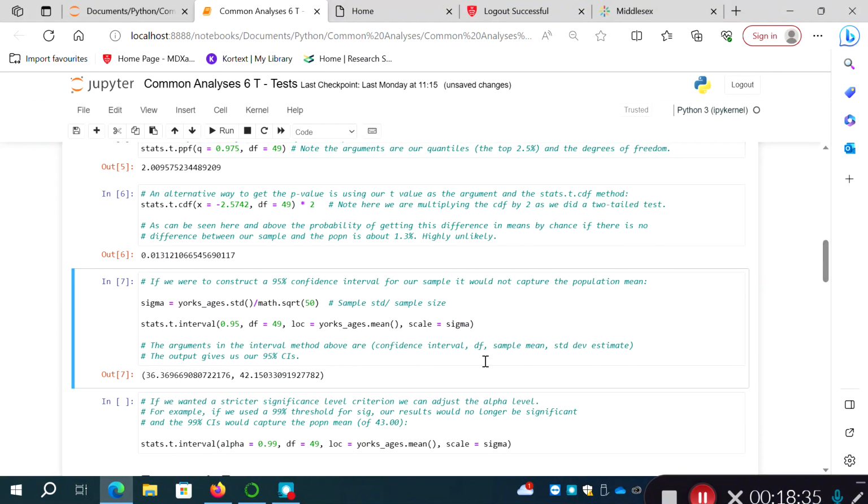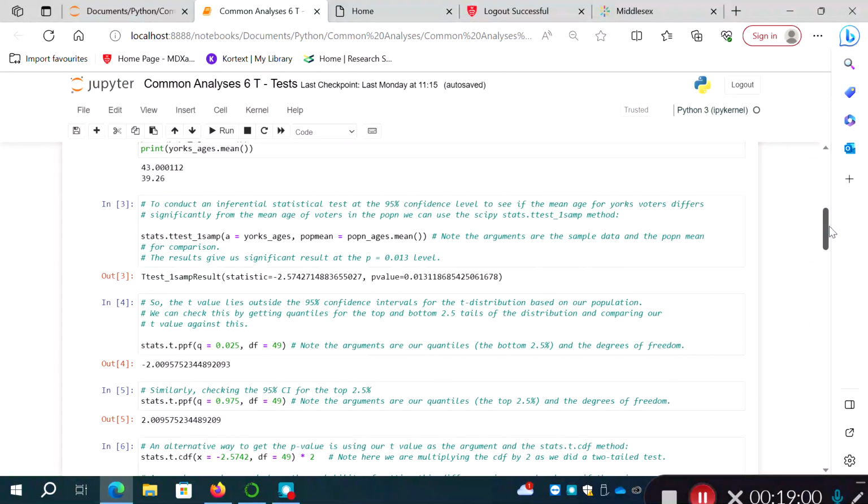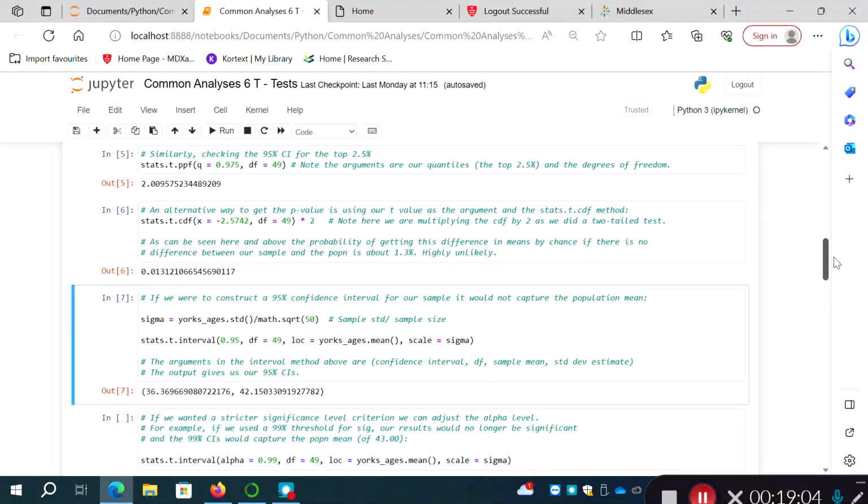If we do that, that gives us the upper and lower bounds of the 95% confidence interval for our Yorkshire ages group. So it goes from 36 to 42, and the mean, as we know above, was about 39. We also know our population mean is bigger than this. There it is, 43, so it sits above that. So we've constructed confidence intervals there, and we could report those as well.